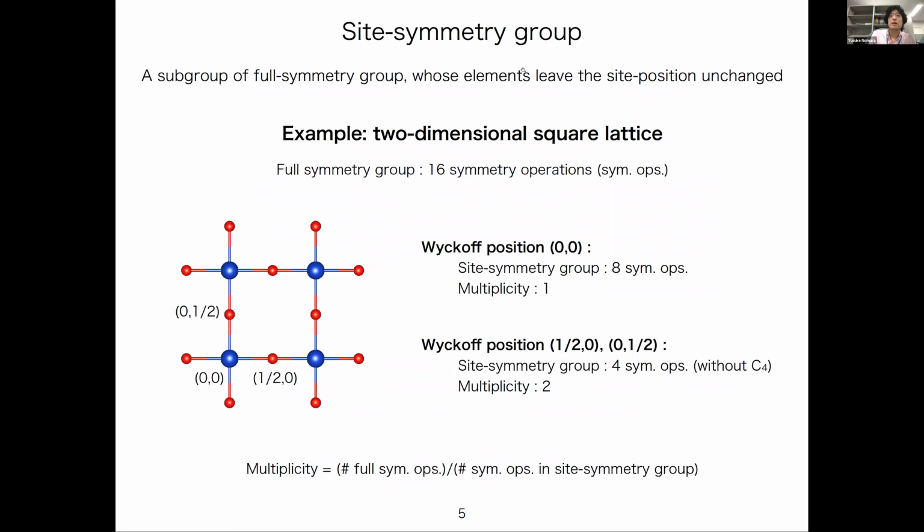Then let me explain the technical word, the site symmetry group. So what is the site symmetry group? It is the subgroup of the full symmetry group whose elements leave the site position unchanged.